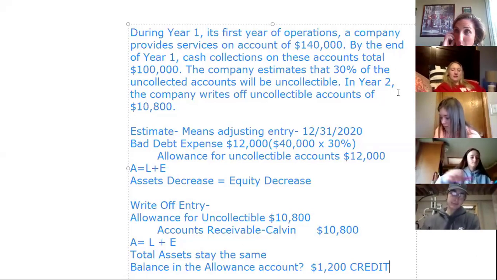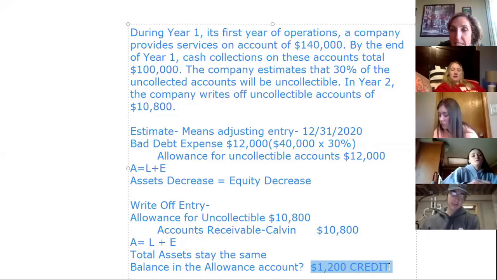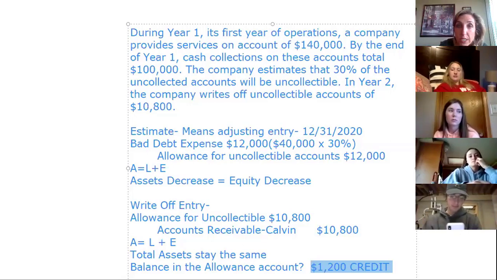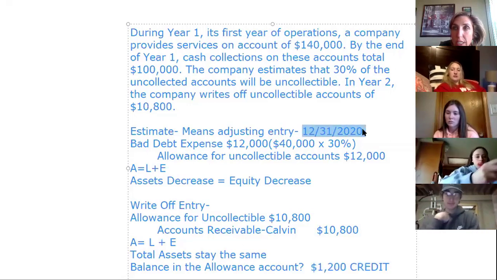So get this. On your homework, when you see that there is already a credit balance in that account, it means you don't have to make as big of an entry. You're going to subtract that credit balance when you go to do an entry next year, right? Because I'm going to make an entry again at the end of 12/31/2021. I will do another adjusting entry at the end of 2021. But let's take it like this.